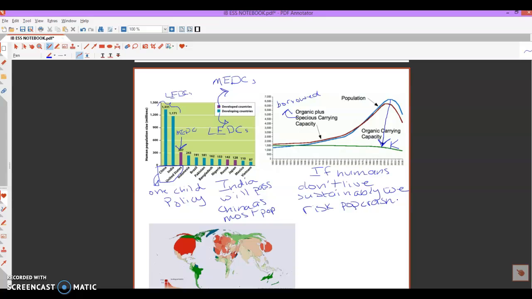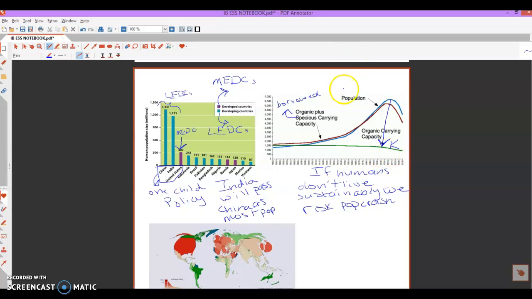Hopefully we won't get to that point, but we have to keep in mind that we do have a carrying capacity. So what we're seeing right now is the human demand is higher than what the carrying capacity is. That's what this blue line can also mean. The population is higher than what the carrying capacity is able to support.